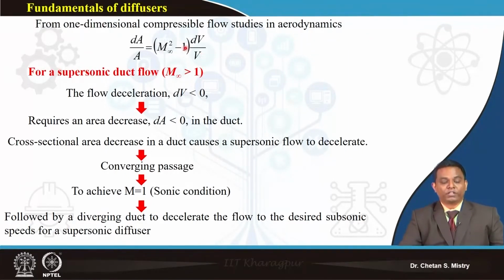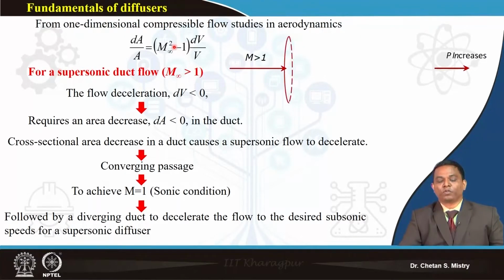From this equation, since my flow is supersonic, this term will be a negative term. And our requirement is compressing the flow, which means my dV by V will also be negative. So in this case, my passage area for supersonic flow will give me a decreasing area configuration.